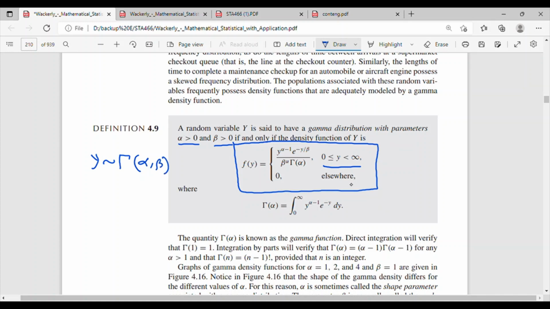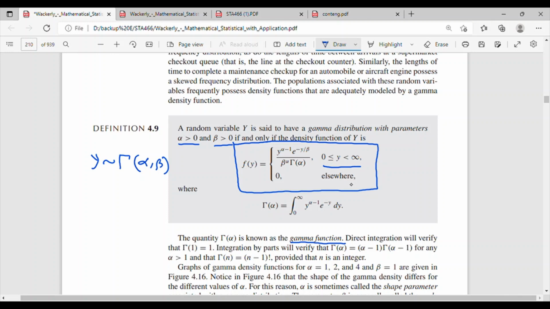The function is y to the power of alpha minus 1 multiplied by exponent of negative y over beta, all divided by beta to the power of alpha multiplied by gamma of alpha. Gamma of alpha is called the gamma function.